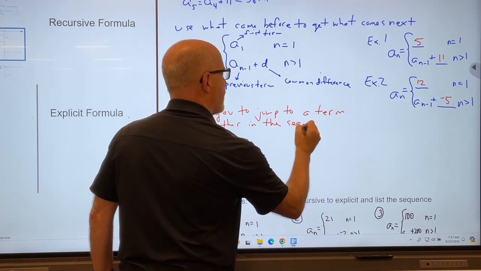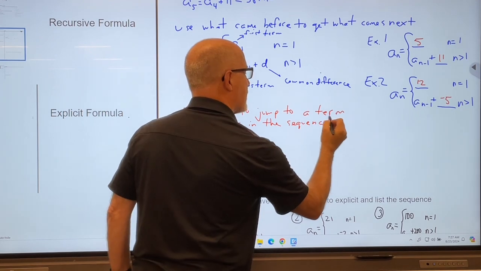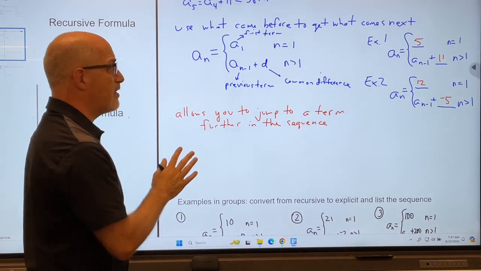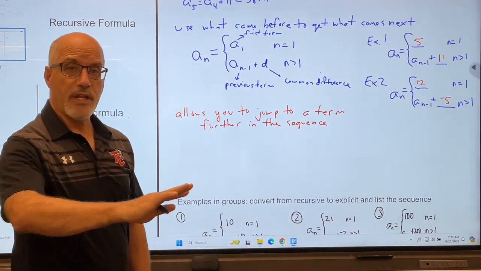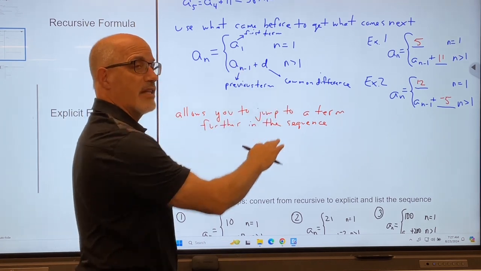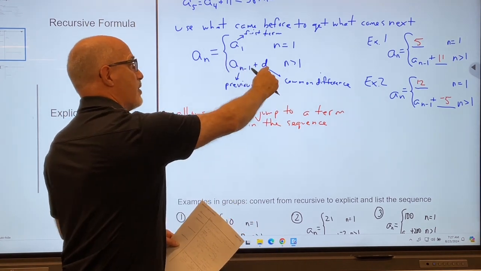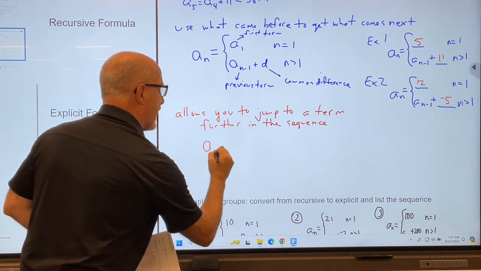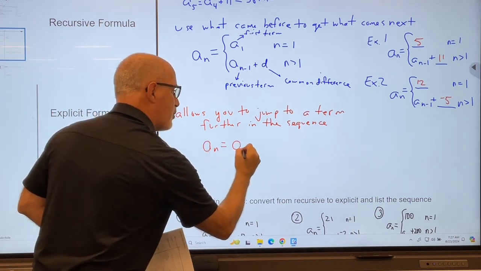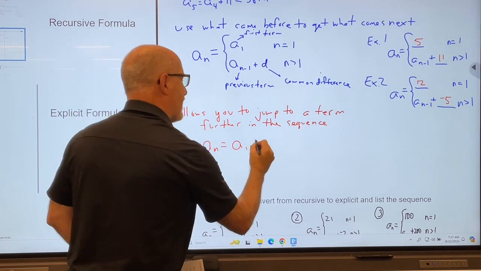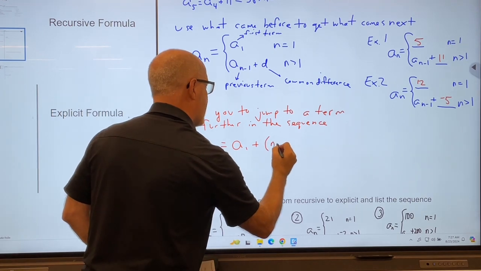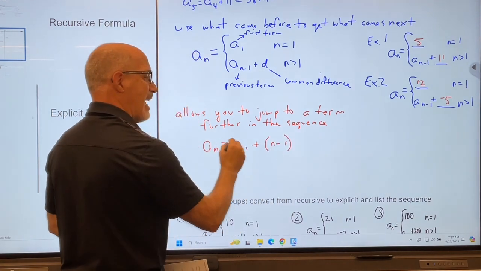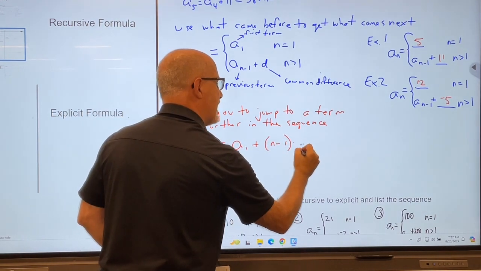Now this also follows a pattern, but what's nice about the explicit format is the explicit form has only one line to it. This has always two lines to it. You have to have the first term and what you add each time. The explicit formula looks like this. You're going to take a sub n, define what the first term is, and then add, here's where you need a little explanation for it, n minus 1 times d.